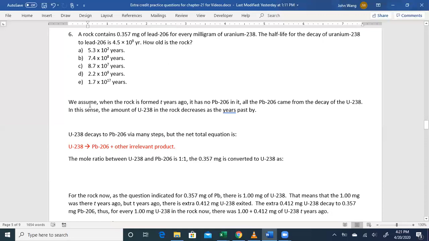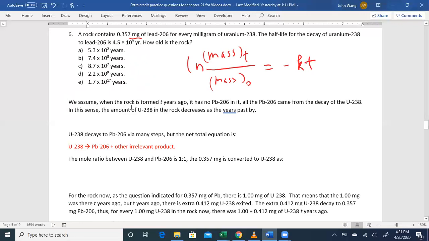So we want to use the equation like that. Because the information is all given in mass, the equation you want to use is the mass at time t. For radioactive dating, t is the number of years since the rock started. So this will be mass equals mass 0 times e to the negative k t.